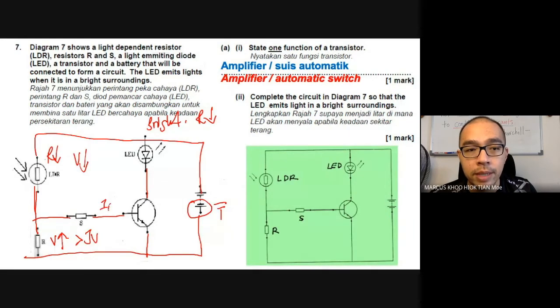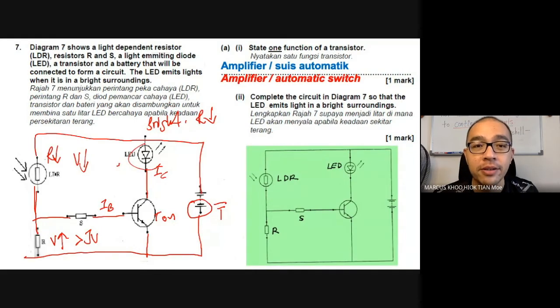So base current flows, collector current flows, transistor on, LED switches on. Remember, in a voltage divider circuit, if one voltage is low, the other must be high. And when it is high, we always assume it will be higher than the junction voltage, and that's why the current can flow.